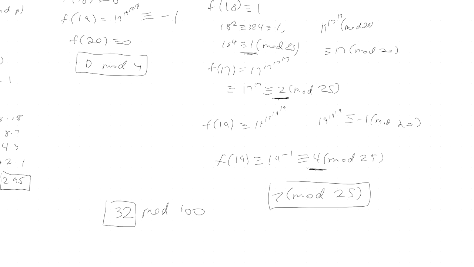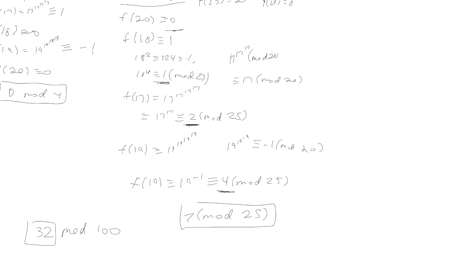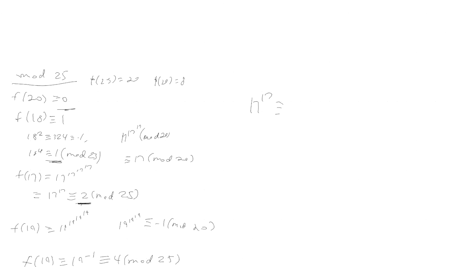Someone asked me, how did I get 17^17 congruent to 2 mod 25? So here it's just like bash. So 17 to the 17th power is congruent to 289 to the 8th power times 17, which is congruent to 14 to the 8th power times 17. This is also congruent to 96, which is like -4.